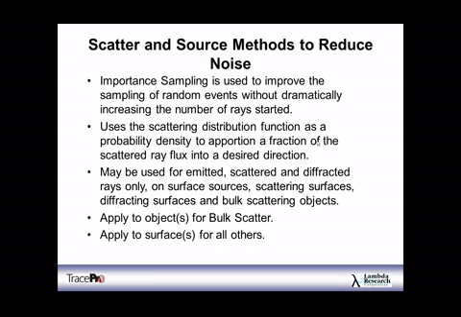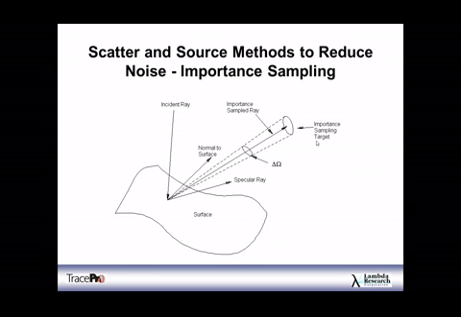This may be used for emitted, scattered, and diffracted rays only, or on surface sources, scattering surfaces, diffracting surfaces, or bulk scattering objects. If you want to do it on bulk scattered objects, you apply it to the object. For doing it on surfaces, you apply it right to that particular surface. So what happens here is that I have an incident ray that's going to strike a surface.